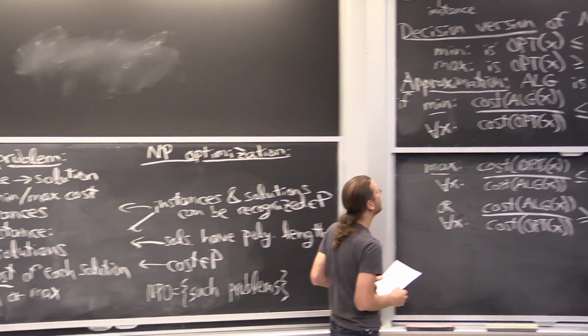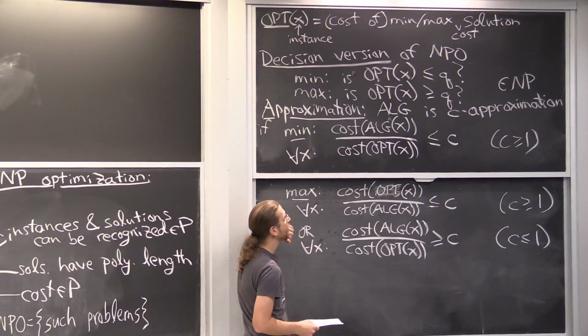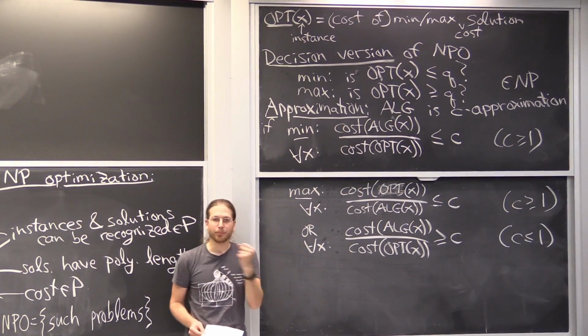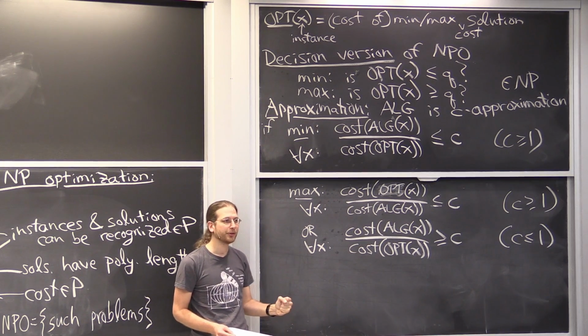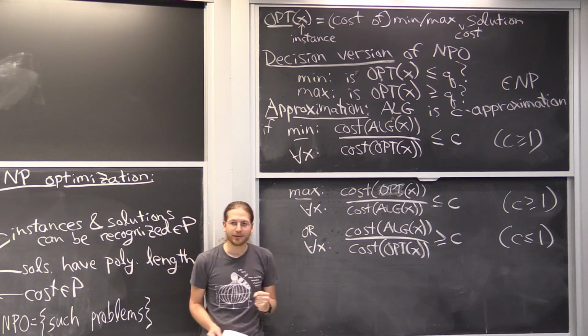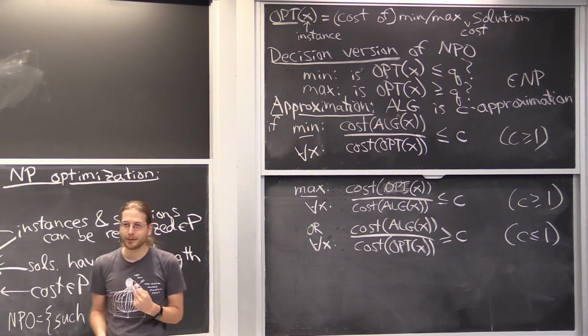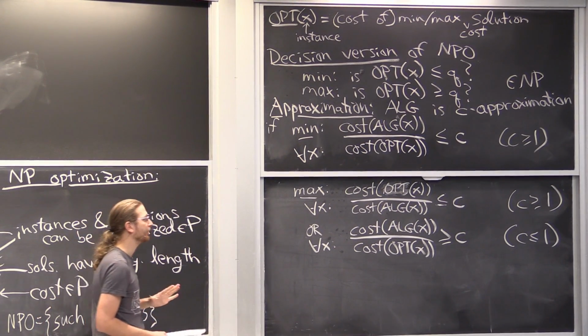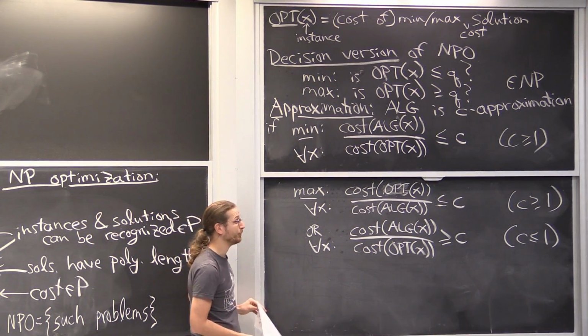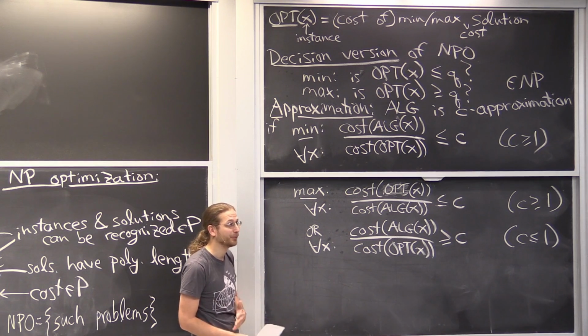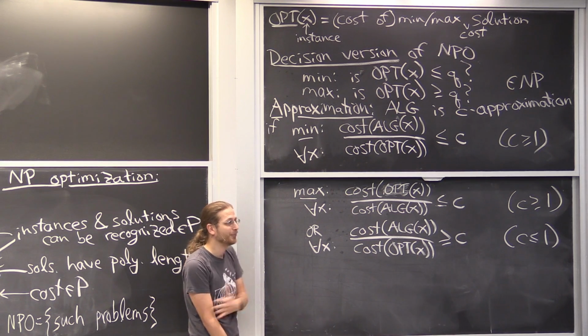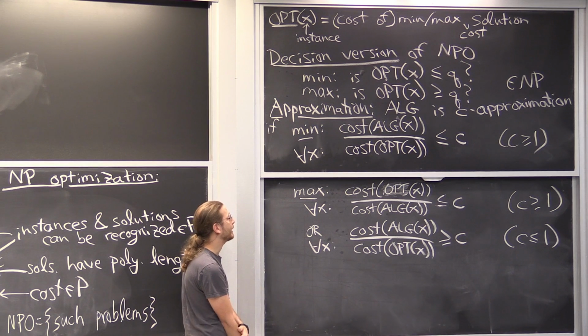Usually when we say a C approximation algorithm, we're interested in a polynomial time C approximation algorithm. Almost all the time that is the case. I will probably forget to say polynomial time, but I always mean it unless I say otherwise, which will probably be never. But there are a few papers that look at exponential time approximation algorithms that have better exponent than their exact counterparts.